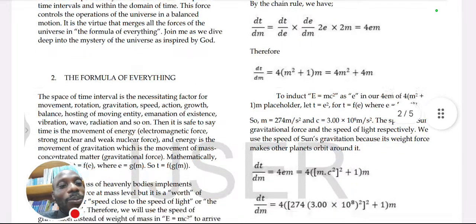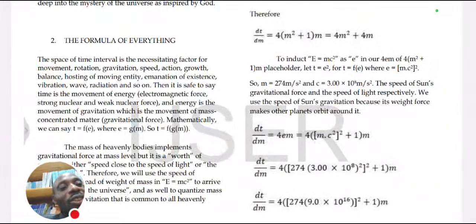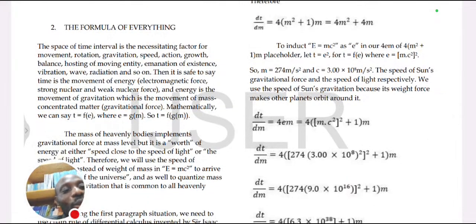So after having that, we can introduce E equals mc squared as E in our 4E M. Then we're going to have 4M squared plus 1 4M placeholder. So let E squared for T be a function of E, where E equals M dot C squared.